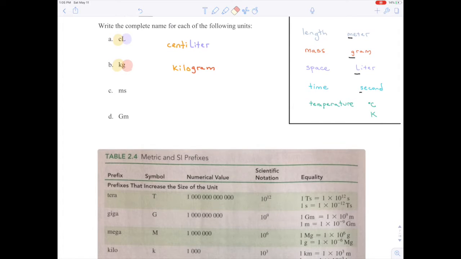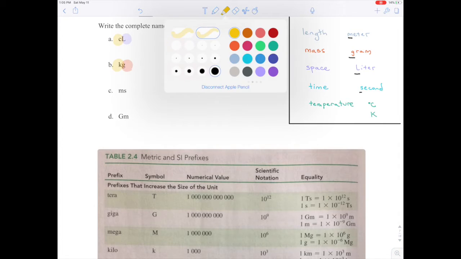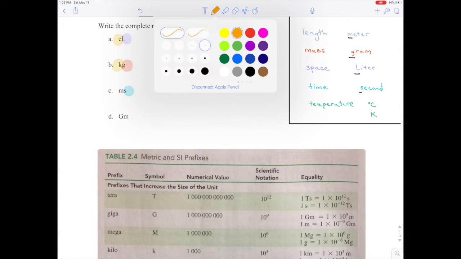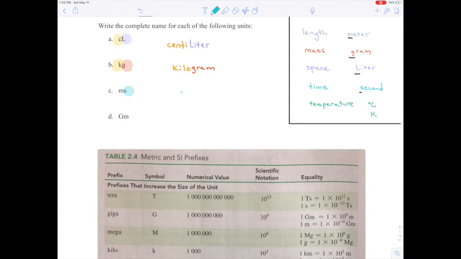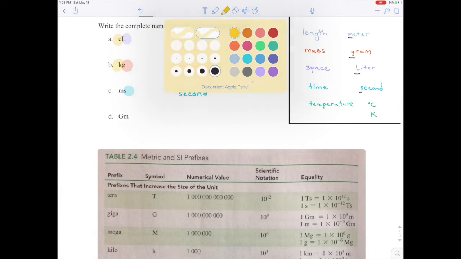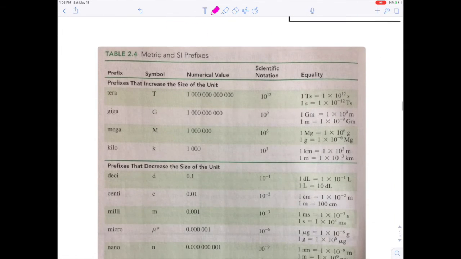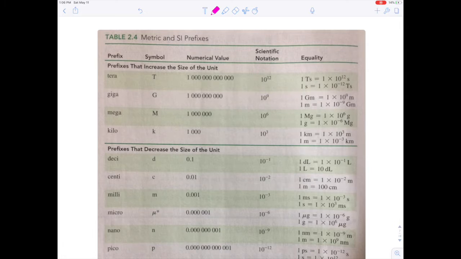Okay, similar thing. For C, let's look at the second letter first. The second letter here is a lowercase s, and lowercase s is time. That's the second. So this lowercase s is standing for seconds. And the letter in front is the prefix. To figure out what that lowercase m is, we would go to table 2.4, look at the symbols, and go down until we find a lowercase m.